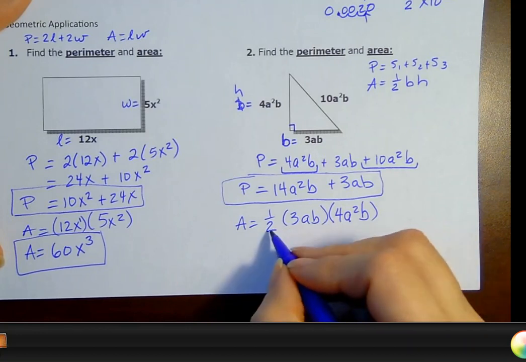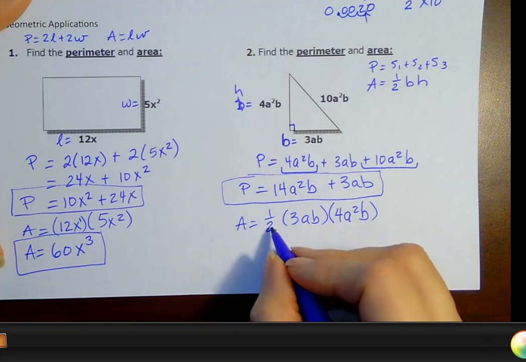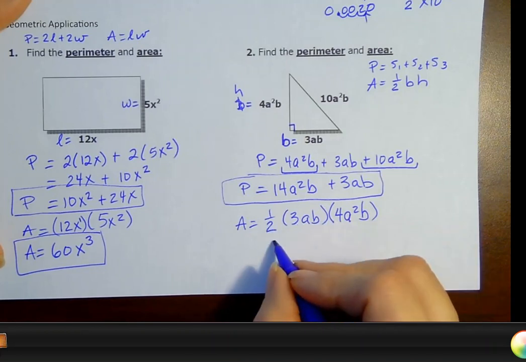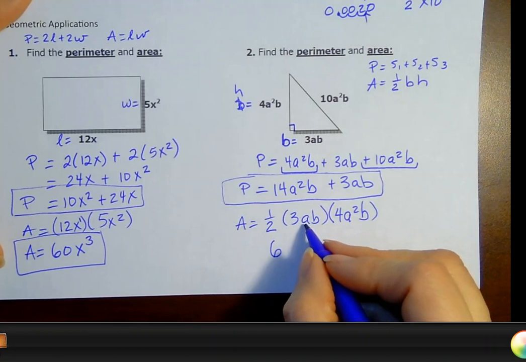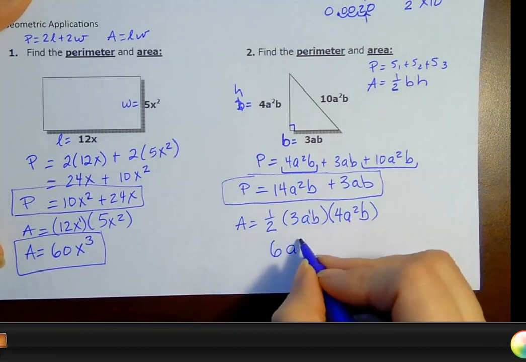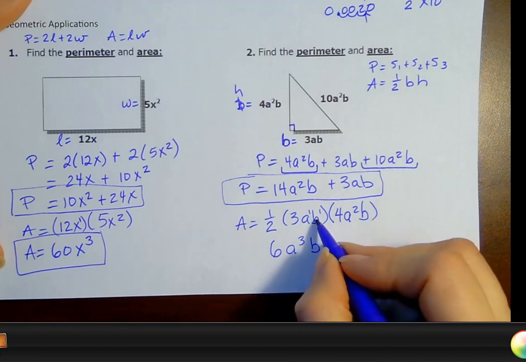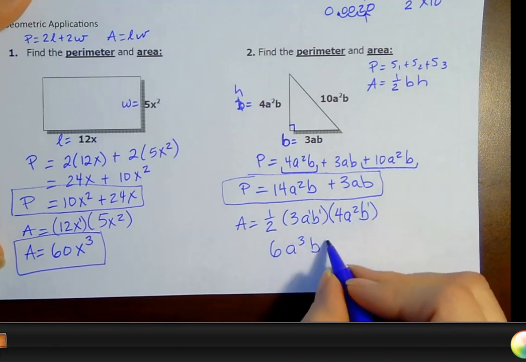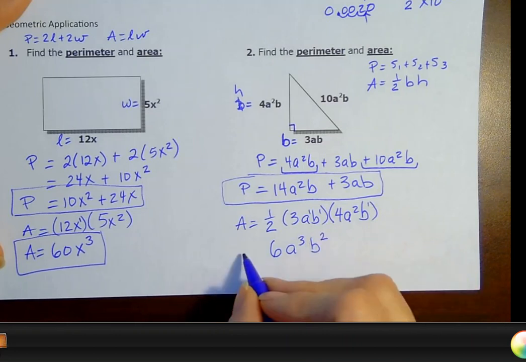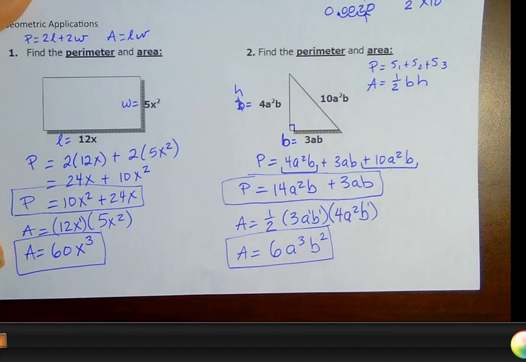I'm going to go out of order because I know half of 4 is 2. So 2 times 3 is 6. I know 1/2 times 3 times 4 is 6. A times a squared is going to be a to the 1 plus 2. That's going to be a to the third. Times b to the invisible 1 plus invisible 1. It's now b squared. So my area equals 6a cubed b squared.